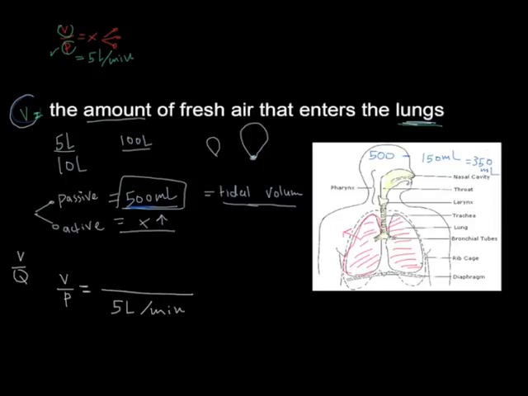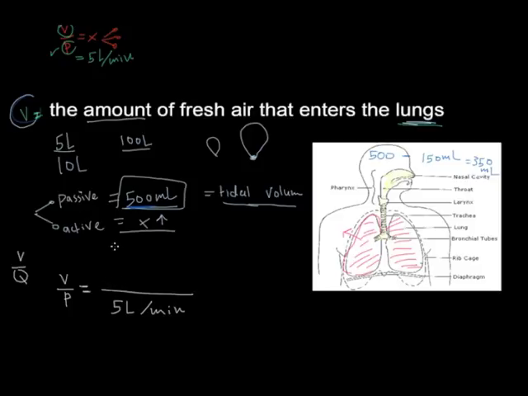Now we have 350 milliliters. So what we are going to do is see how many times this person takes his breath in and out in 1 minute. We can measure the two values by multiplying.